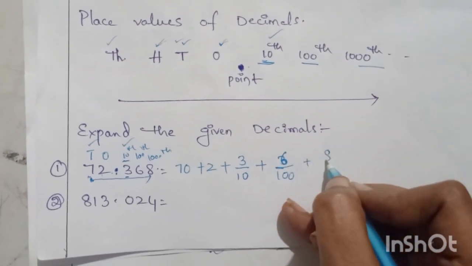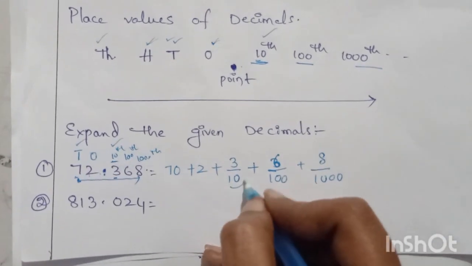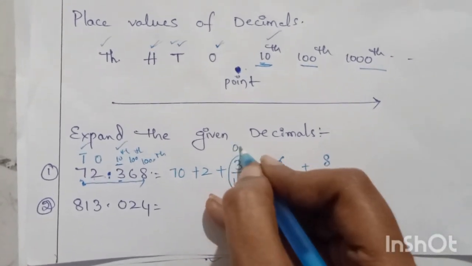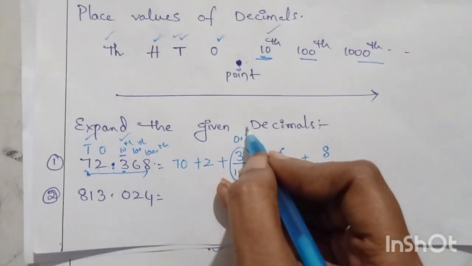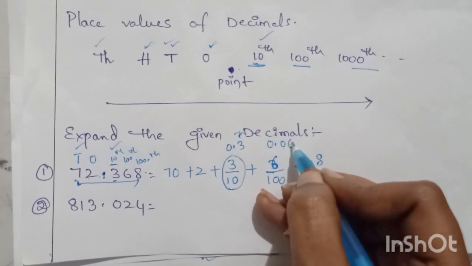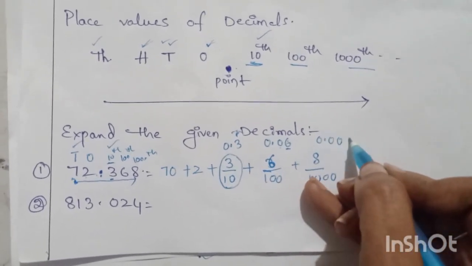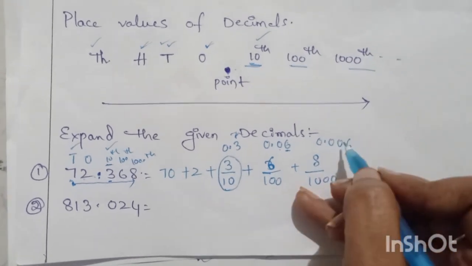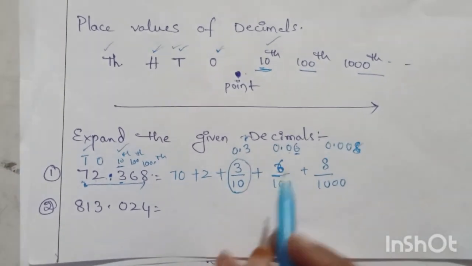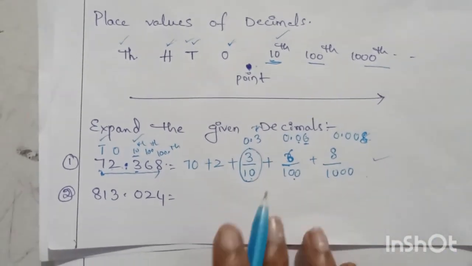Next the 1000th part, 8 by 1000. Okay. You can also write in place of 3 by 10, 0.3. It's the 10th place, right? 0.06, the 100th place, we have to place 6. 0.008. So you can write in this way, or you can write 3 by 10 or 6 by 100 or 8 by 1000.